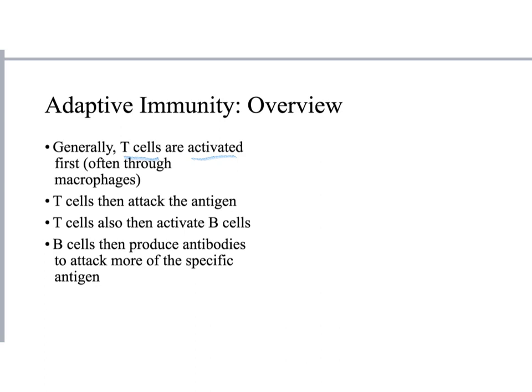shown a foreign antigen. So the cells that are out in the tissues, wandering around and bumping into these foreign cells, like bacteria, for example, we talked about those under the innate immunity lecture. So these are like macrophages, for example, or neutrophils. And so they're the ones that are the first line of defense.